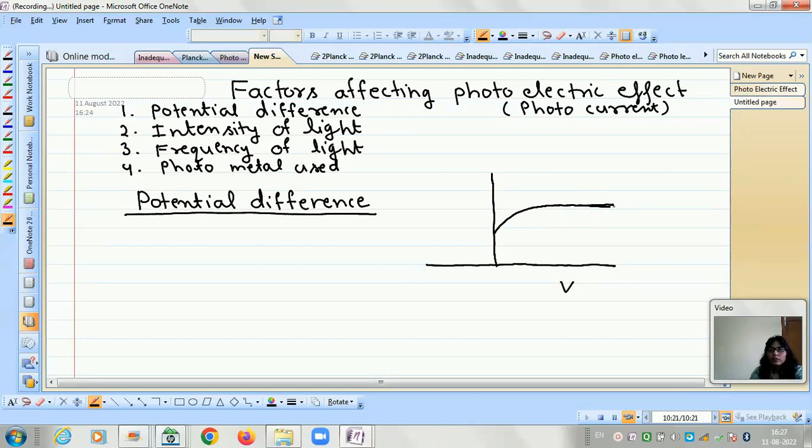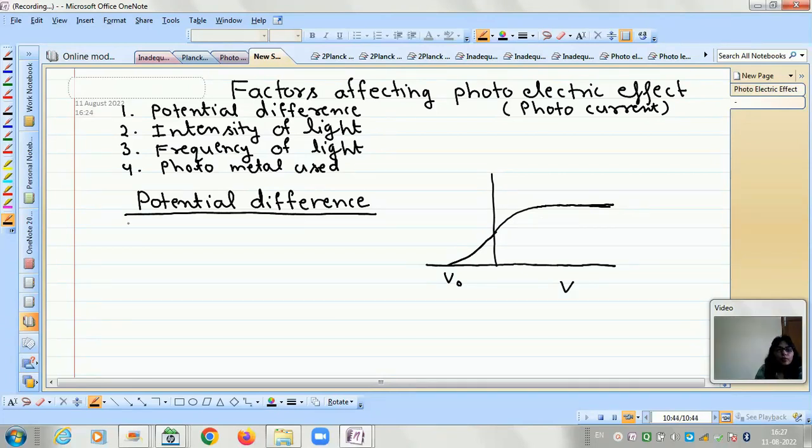So this is the saturated current. And if we apply the potential difference in the negative direction, then at certain potential in negative direction the current will become zero, and that potential is termed as the stopping potential, which is minus V naught. So this is the effect of the potential difference.